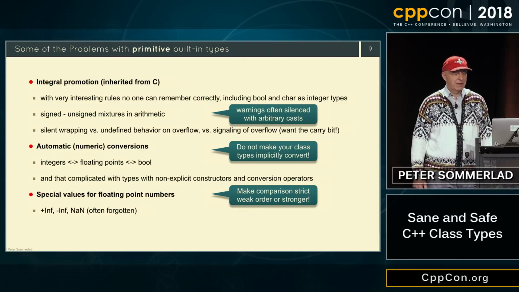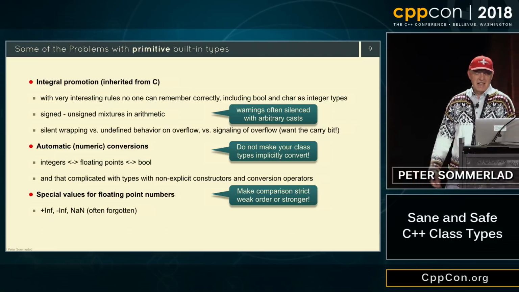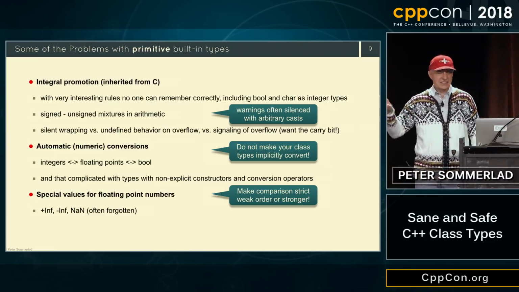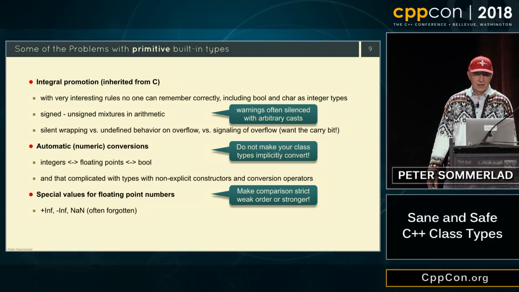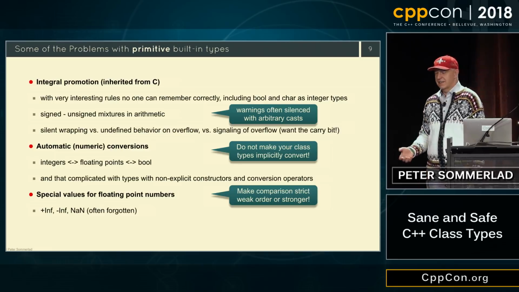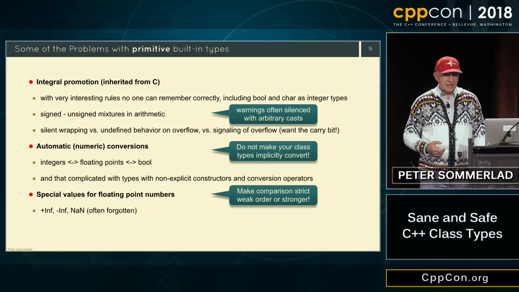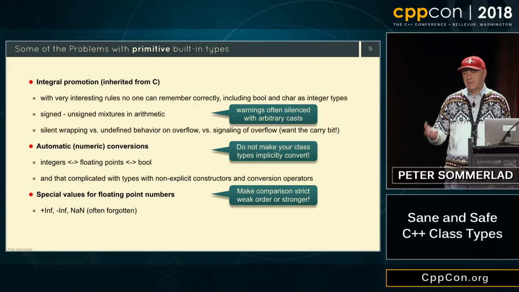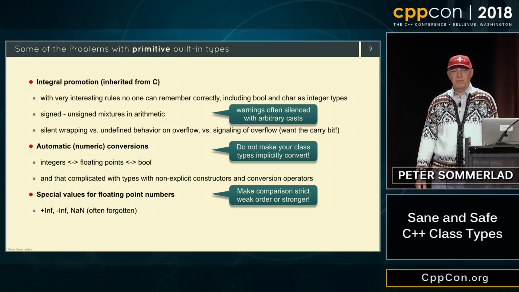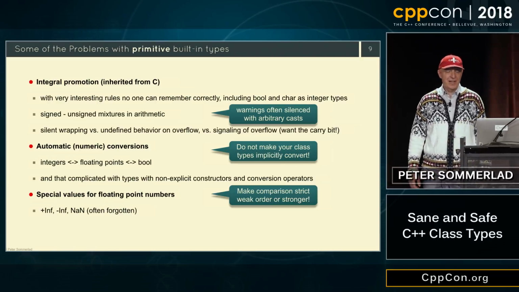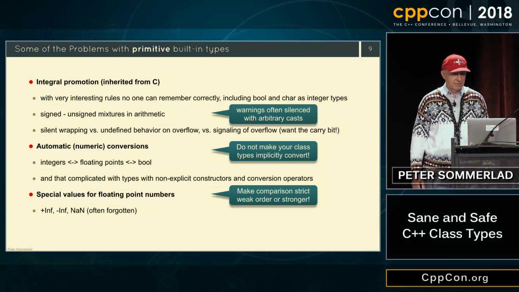But very often what happens, oh, signed, unsigned mixtures in comparison or arithmetic, I know that it's okay, I just discard it with a cast so I don't get that warning. Sometimes we have the silent changes of values, like wrapping of unsigned or undefined behavior on signed overflow. And we know undefined behavior is not a place you want to be, because all your code is invalidated by that.